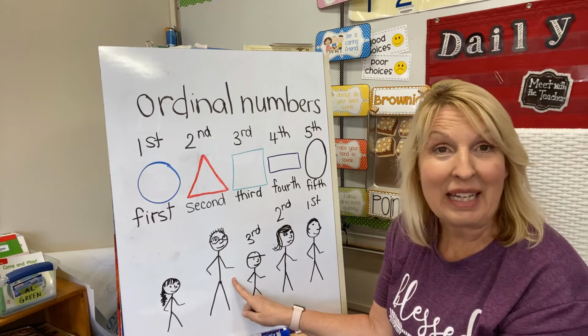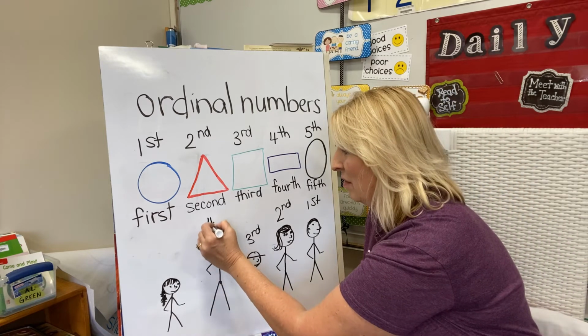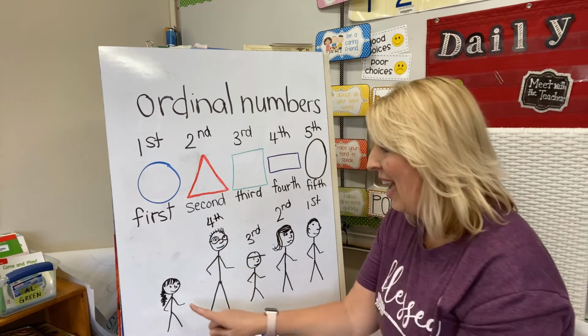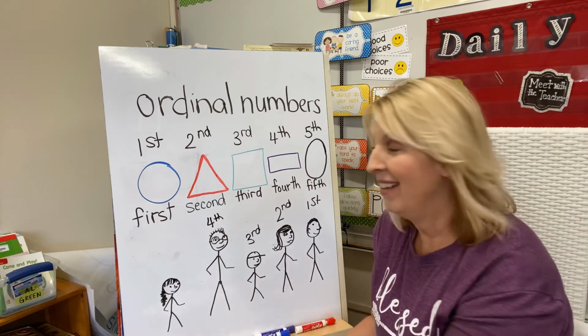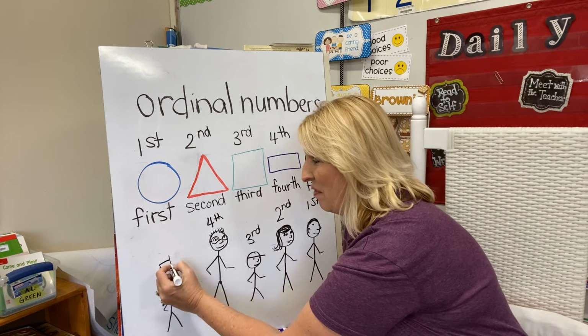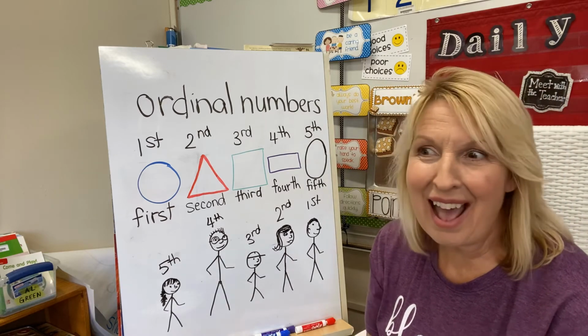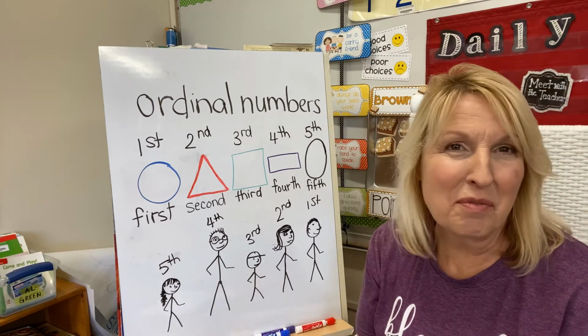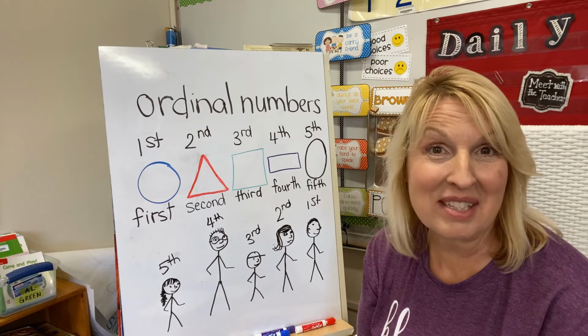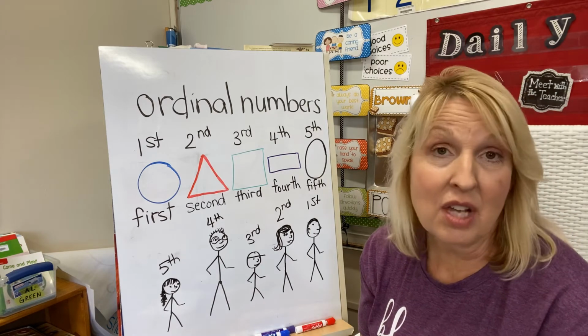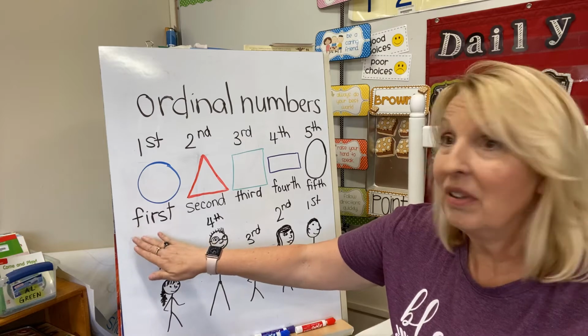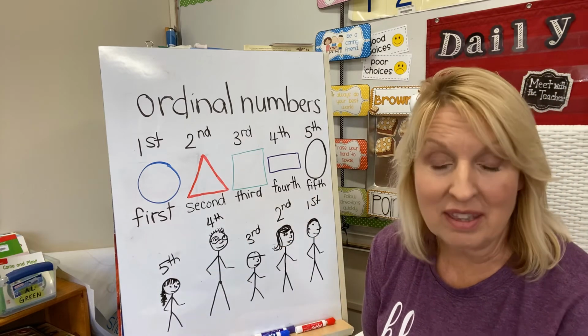This man would be the fourth. And this little girl would be the fifth. So it kind of depends on how the objects or things have been put on the page, so you have to pay close attention. Most of the time, it's going to be from left to right that you look at the page.